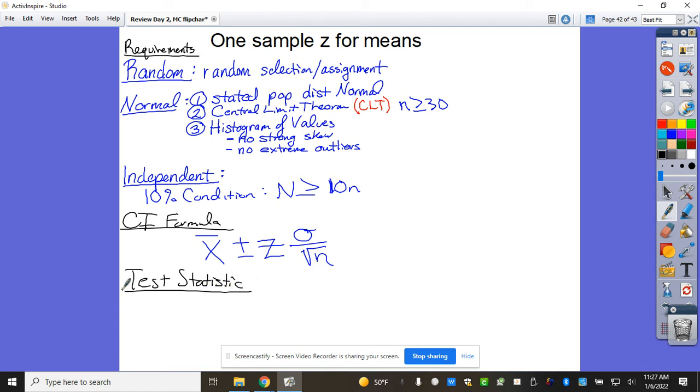If we are running a test instead, then our test statistic equation is test statistic equals what?